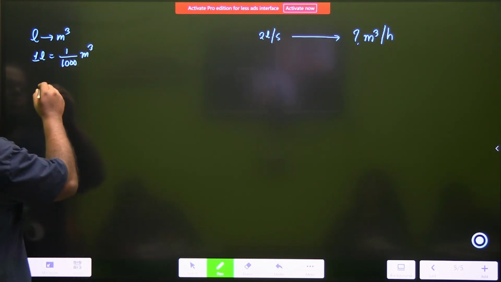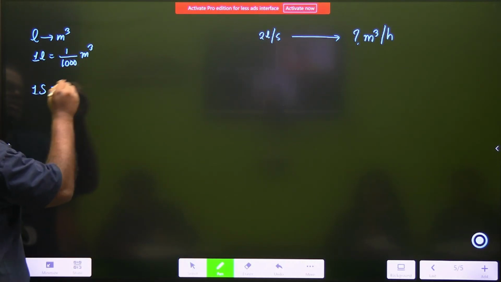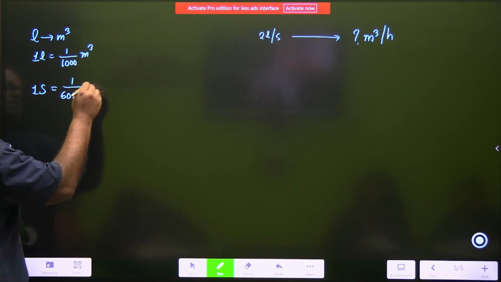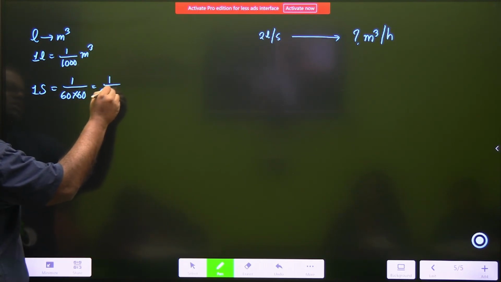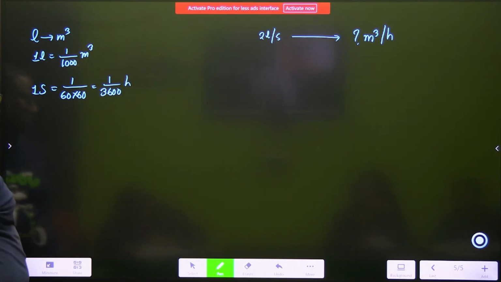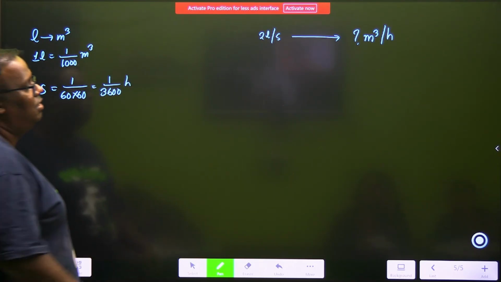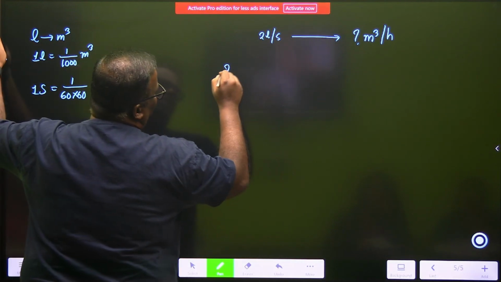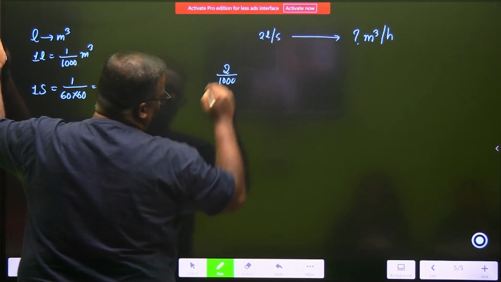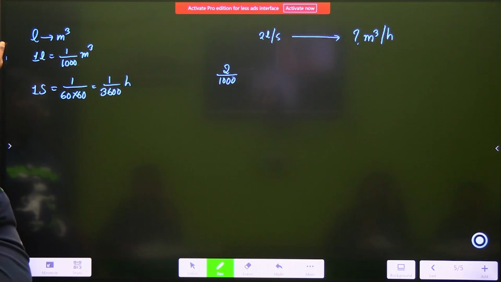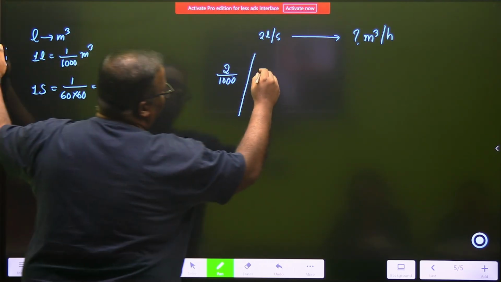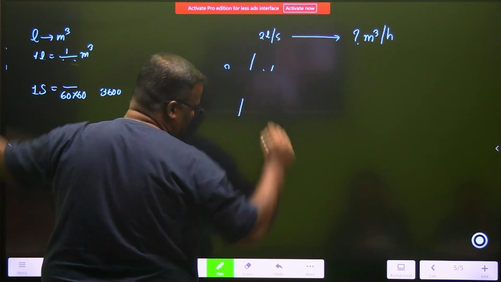Second, in hour: one second is equal to 1 by 60 into 60, which is equal to 3600 hour. Now we convert 2 liters: 1 लीटर पे इतना तो 2 लीटर पे 2 by 1000, divided by 1 सेकंड, which is 1 by 3600.